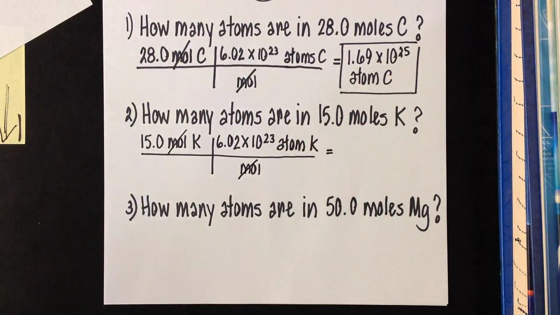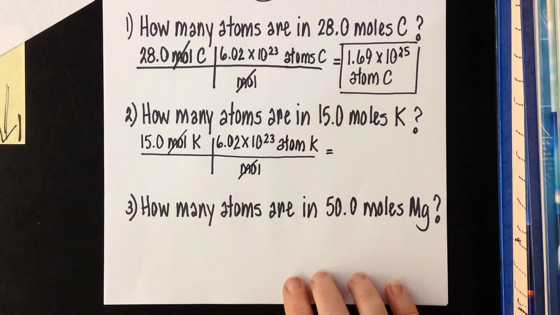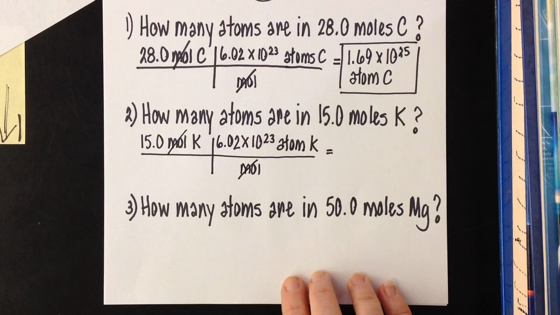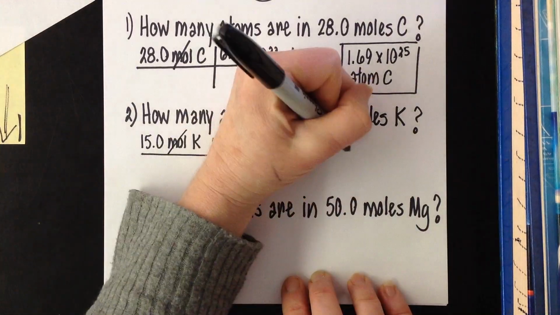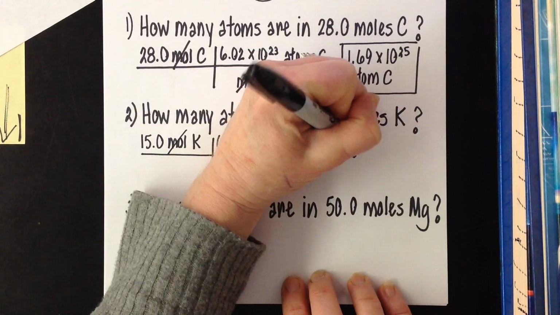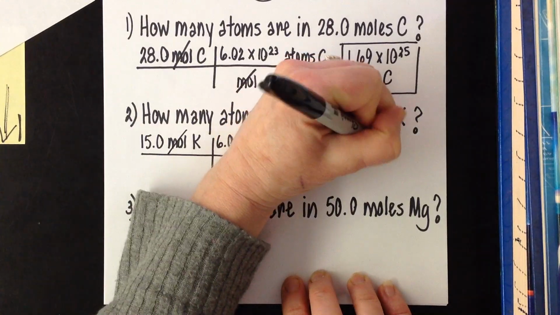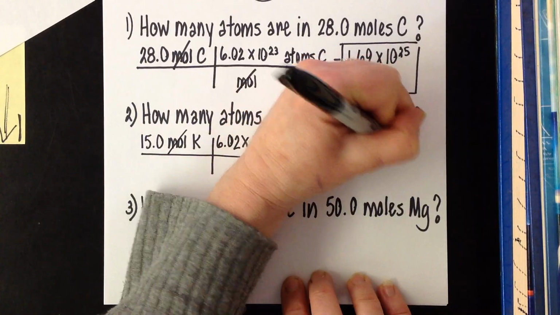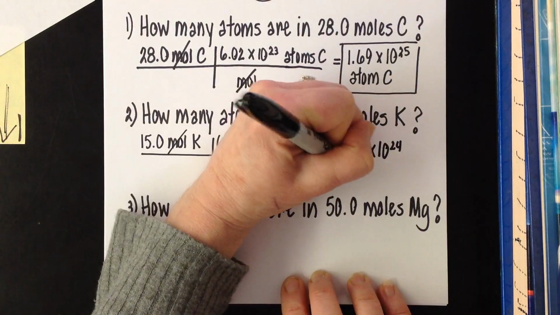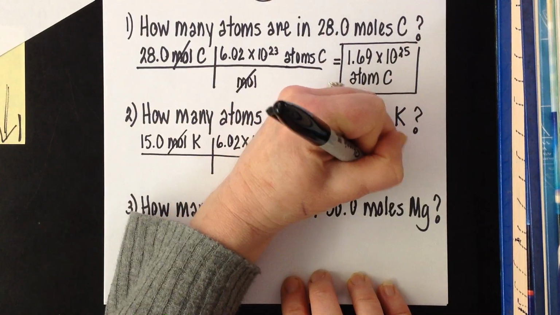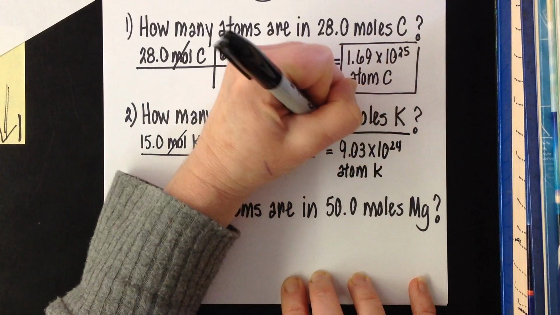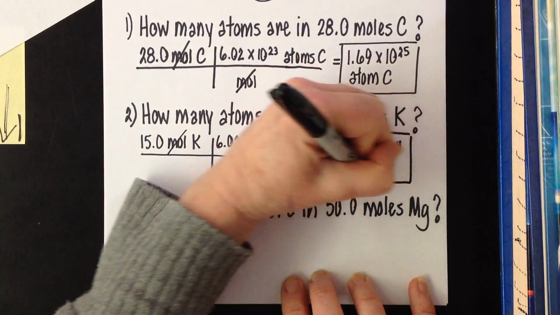So 15 times 6.02 times 10 to the 23rd, we punch that in, and we're getting 9.03 times 10 to the 24th atoms of potassium.